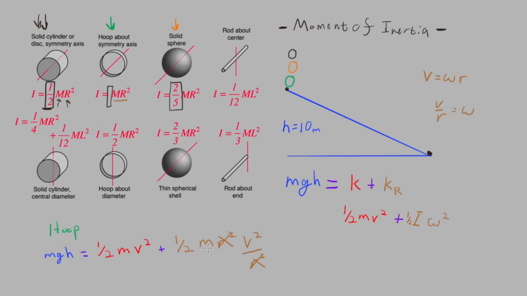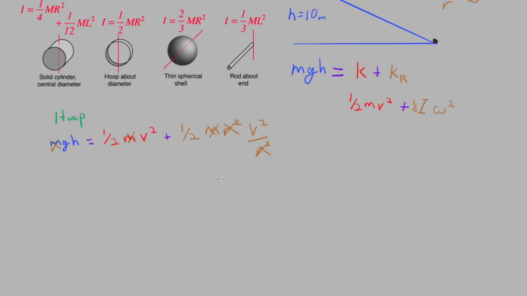I have a common term in mass, m here, and m here, so I can divide each term by mass and lose it. And I will be left with, if I simplify this one more step, gh being equal, and I'm going to put this all in green, this is my hoop, 1/2 v squared plus 1/2 v squared, which is v squared.